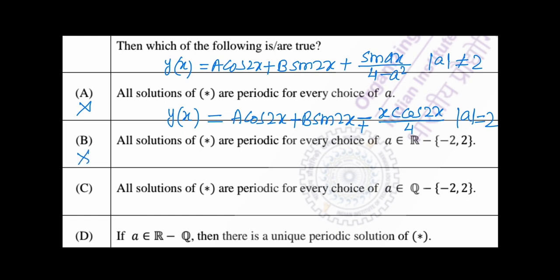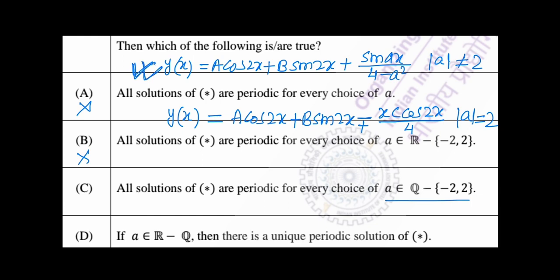Now the third, here you see, we have to take all rational numbers. We may take all rational numbers excluding -2 and 2. For that the solution is this one.